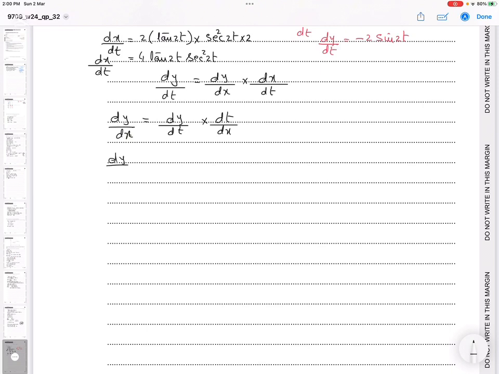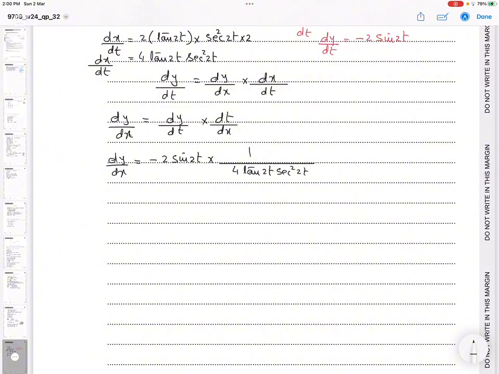So my dy by dx equals dy by dt, which is minus 2 sine of 2t, into my dt over dx, which is 1 over 4 tan of 2t secant square 2t.